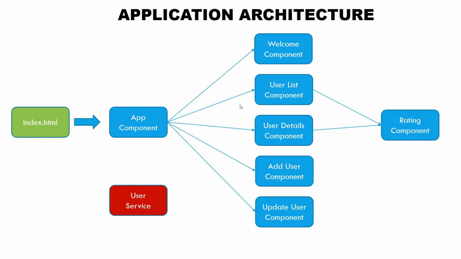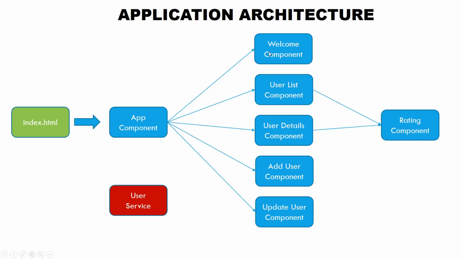We have the index.html page, then our startup app component, and from there we can call our other components from the navigation menu one by one, like the welcome component that we are going to build today.